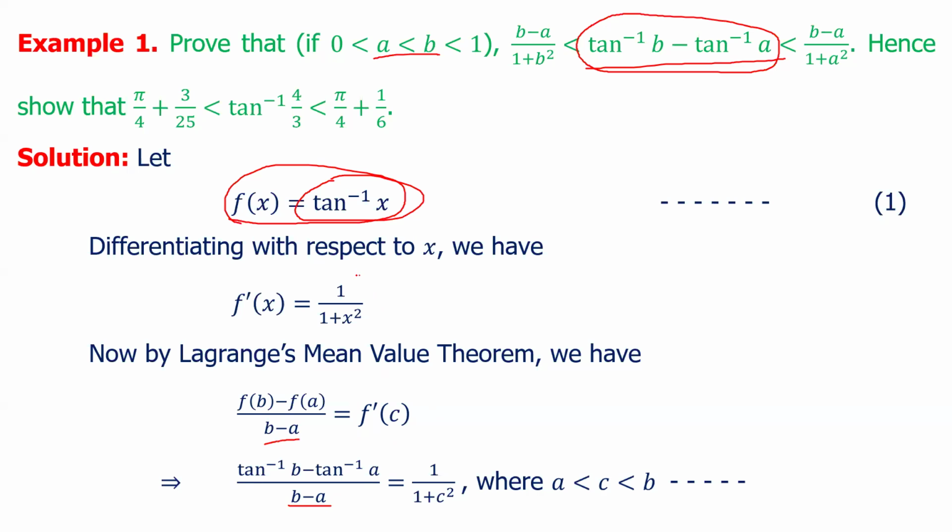And for f'(c), we put x equal to c, giving 1 upon 1 plus c square, where c lies between a and b. Let us give it equation number 2.